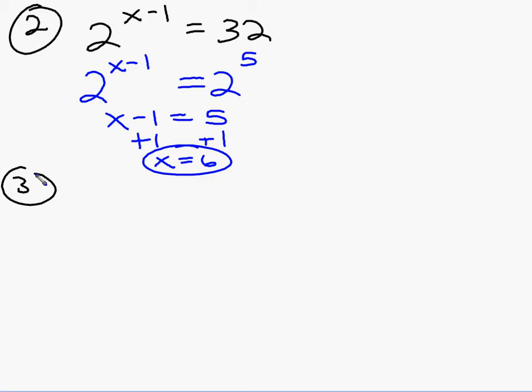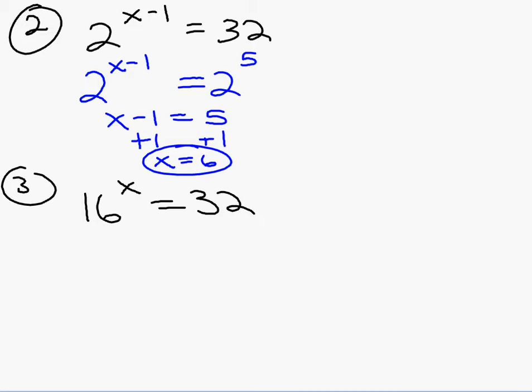Let's look at another situation where maybe I have to do something a little different, like this one. Now, I can't write 32 as a power of 16, can I? No, no way.